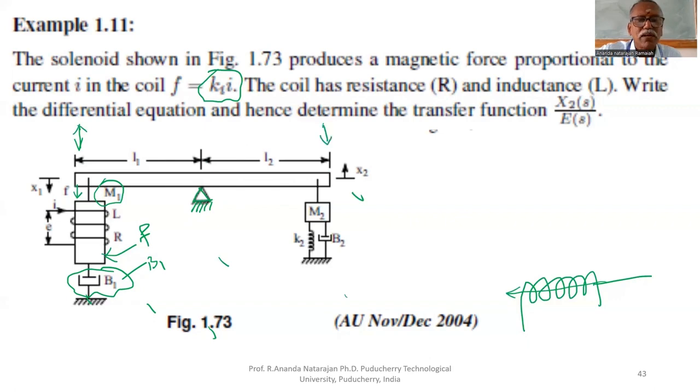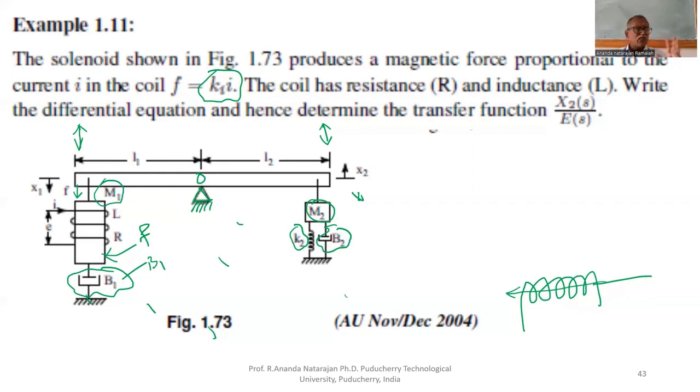This end also moves up and down about this point O. The other end is fixed to mass M2. The mass has the property of spring K2 and dashpot constant B2.